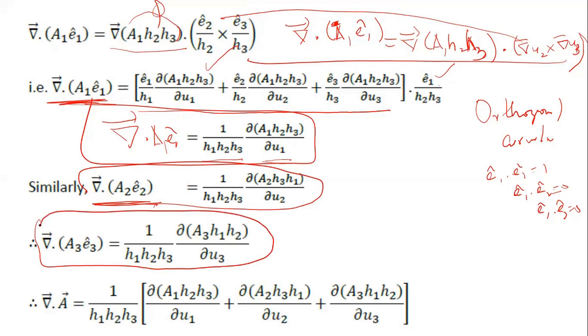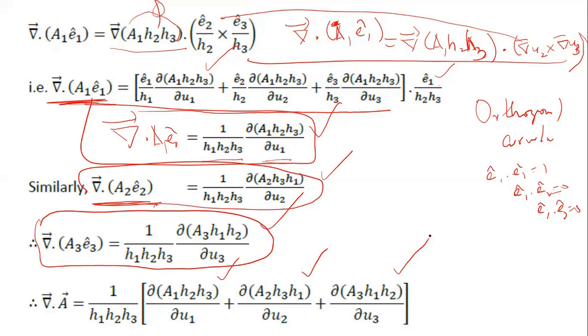Now, divergence of A will be divergence of A1 E1 plus divergence of A2 E2 plus divergence of A3 E3. So you add this, this, and this. So the common factor is 1 upon H1 H2 H3, multiplied with this, plus this and this.